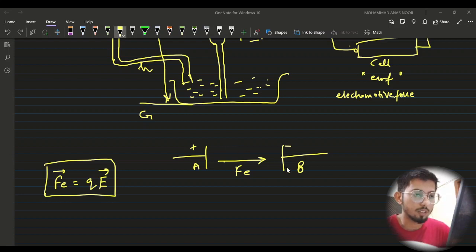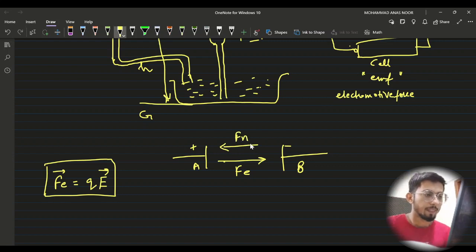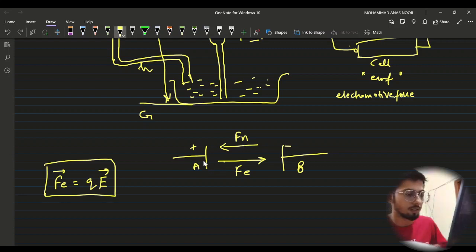So there is another force Fn, which is the force on the positive charge, because here we have positive, right? Whatever the direction of the force is, the positive charge will get driven on that side. So all positive charge gets driven on this.